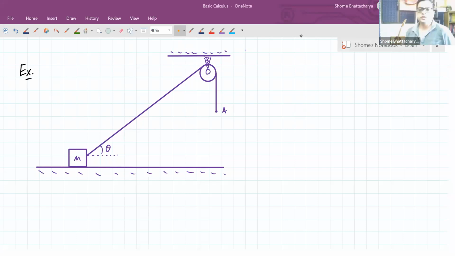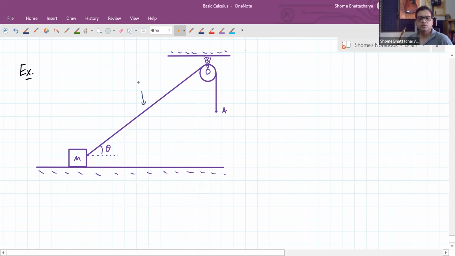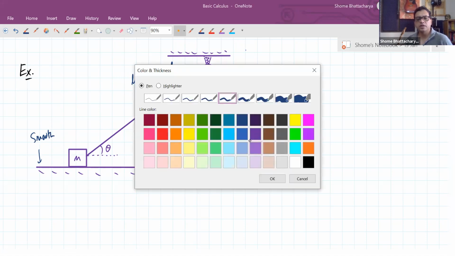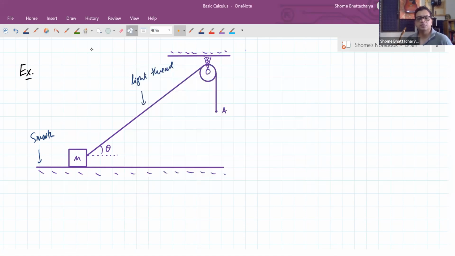Okay, so let's look at the situation. So we have this block which is tied by a thread like this. So this is a massless thread, or a light thread. And this block is movable on this smooth surface. Now suppose an external agent is pulling this point, the point A on the rope. It's being pulled down at some speed V naught.